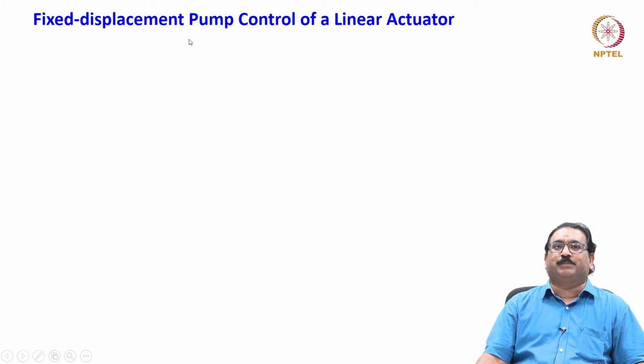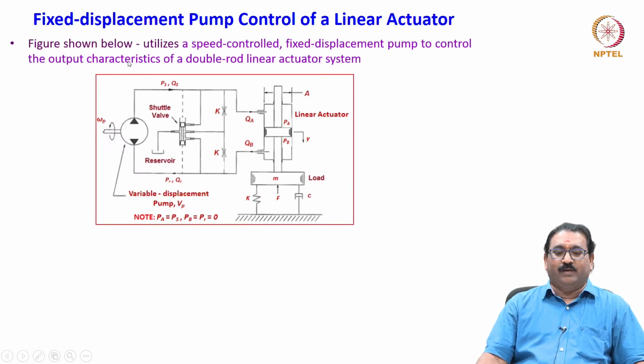First one is the fixed displacement pump controlled linear actuator. The figure shown below utilizes a speed controlled fixed displacement pump to control the output characteristics of a double rod linear actuator system. Please see here friends, it is a fixed displacement pump and it is a linear actuator system.